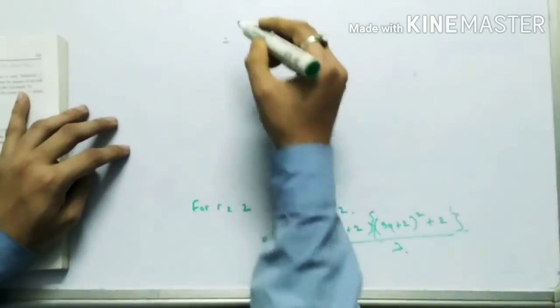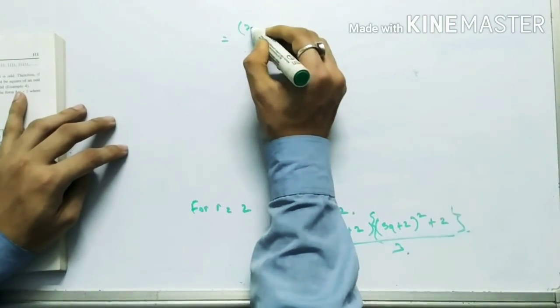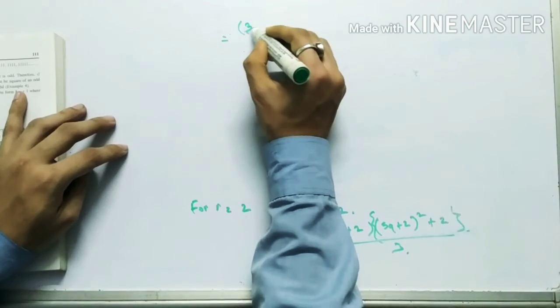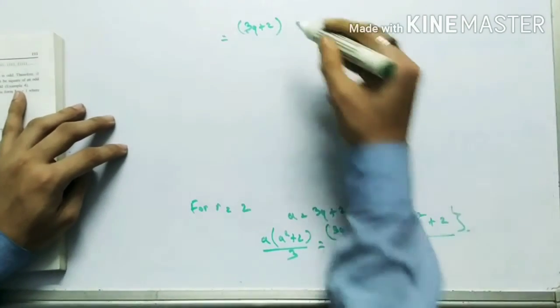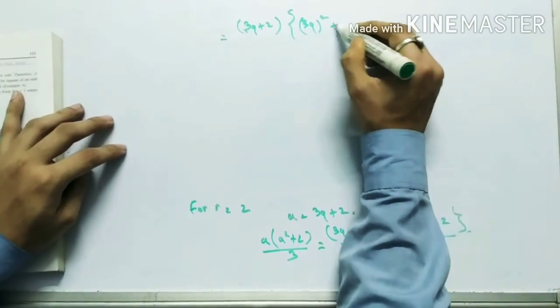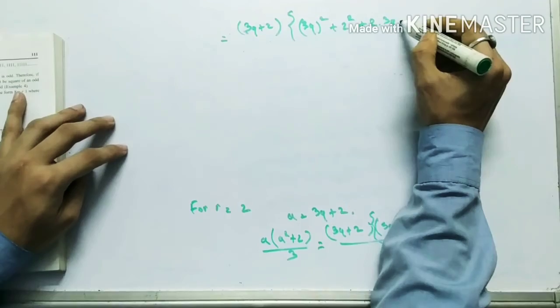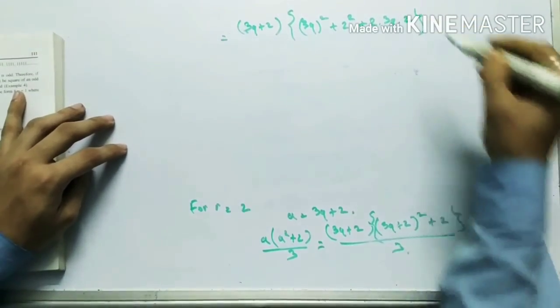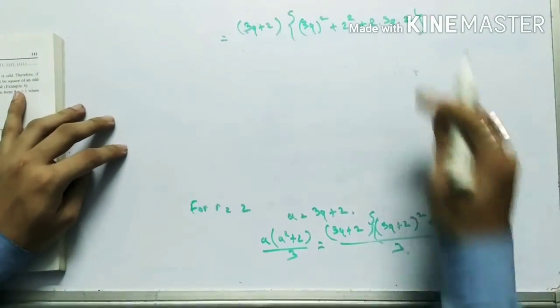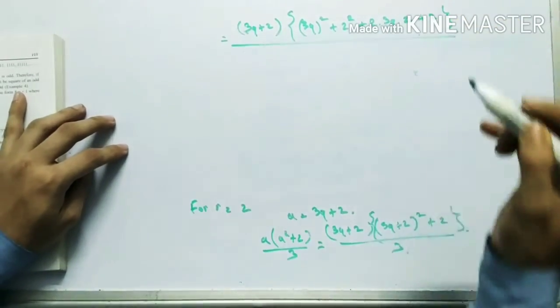This is equal to 3q the whole square plus 2 square plus 2 into 3q into 2, and the other factor is 3q plus 2 by 3.